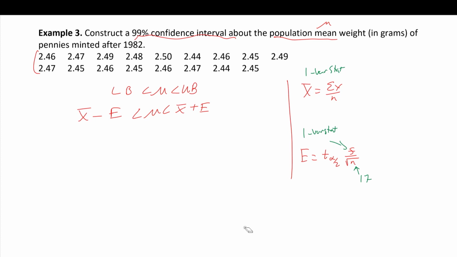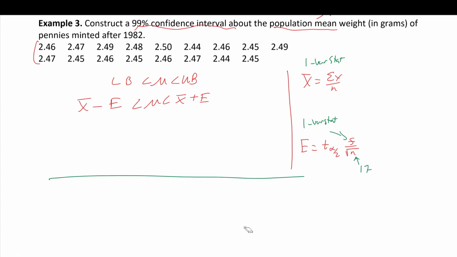The preferred way is just to use the TI calculator's function TInterval, because you're going to be putting the data into your calculator anyway to calculate the mean and the standard deviation, and then putting all those pieces back together. And if you round too early in the problem, it does kind of screw up your final calculation. So just using the function in our calculator will be a lot more efficient.